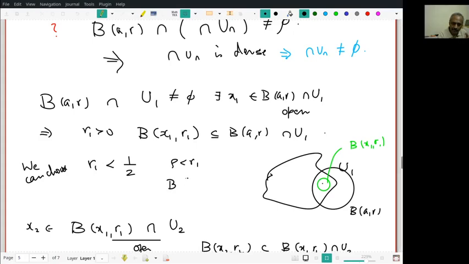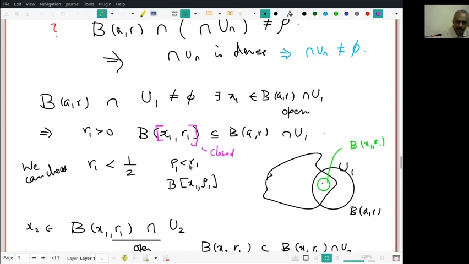But B(x1, rho), call it rho1, will be contained in this. In other words, from the beginning, we could assume the following: there is an R1 so that R1 is less than half, but the closed ball is contained in this.